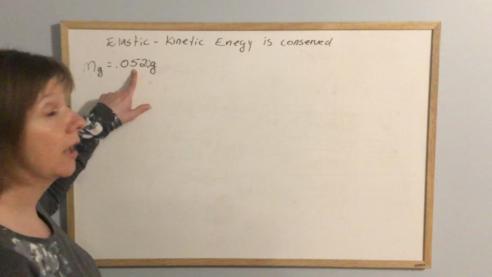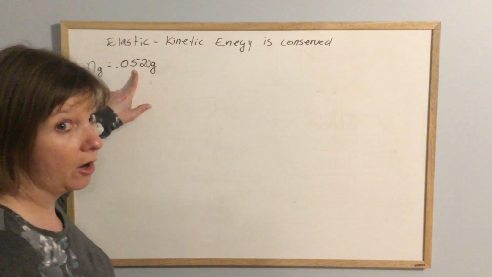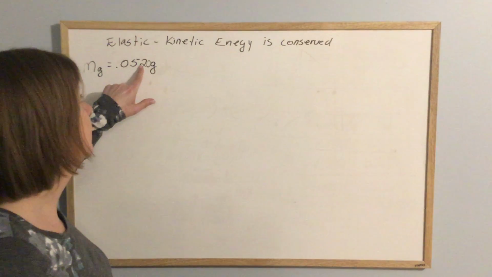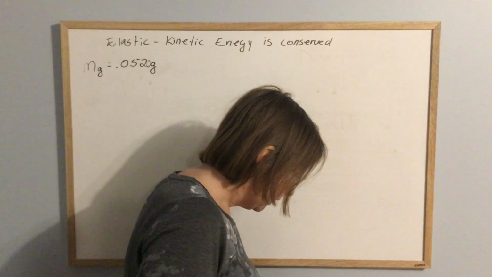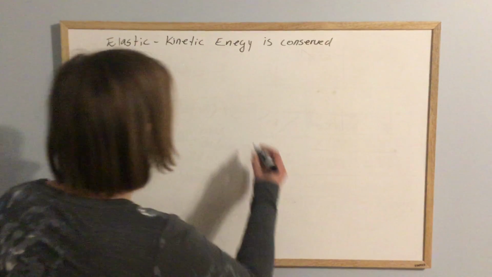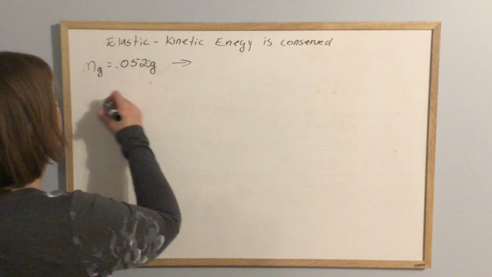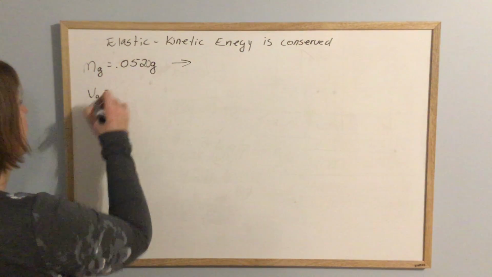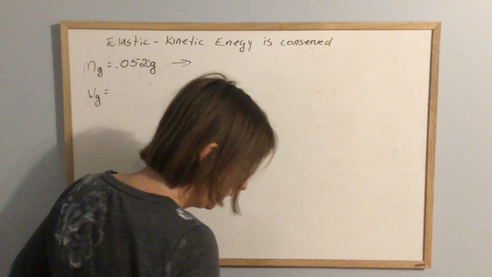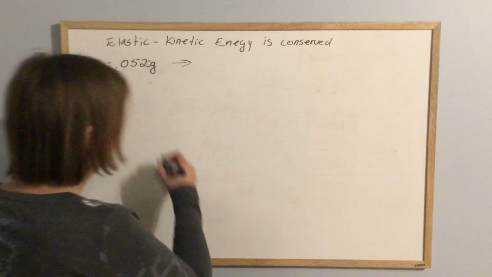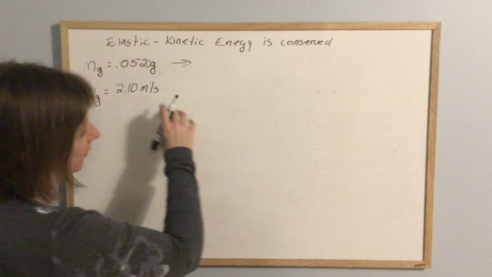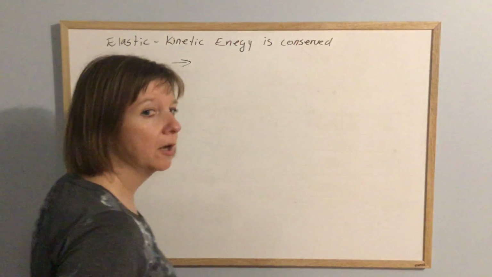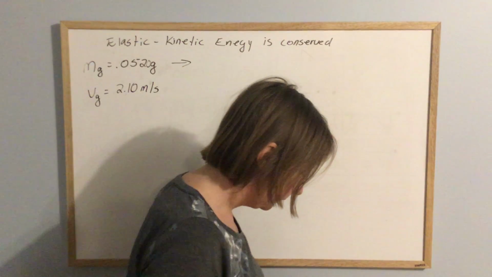You never start counting until you get to the first non-zero. So that's 1, 2, 3 significant figures on that one. And it's moving east, so it's going east. And the golf ball has a velocity of 2.10 meters per second. So golf ball's rolling along at 2.1 meters per second.